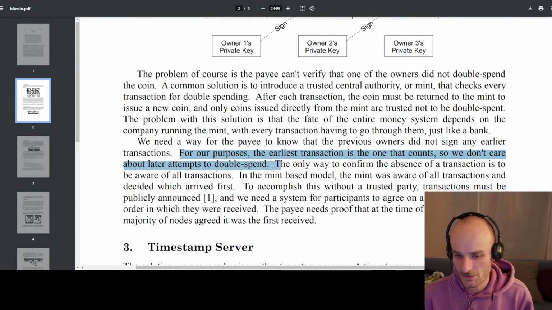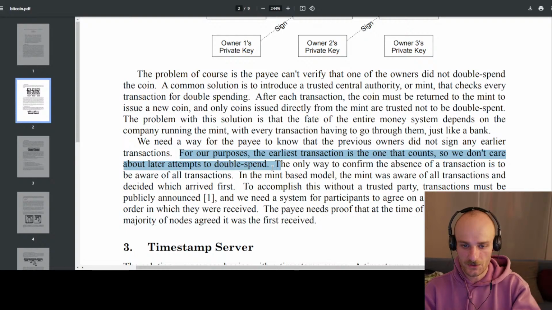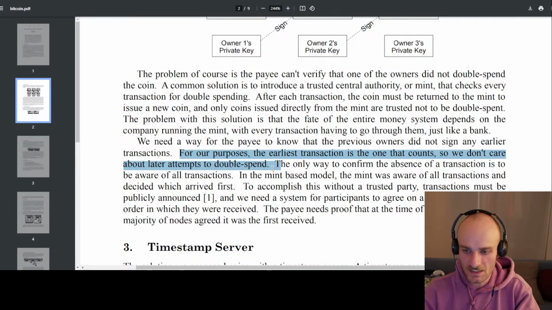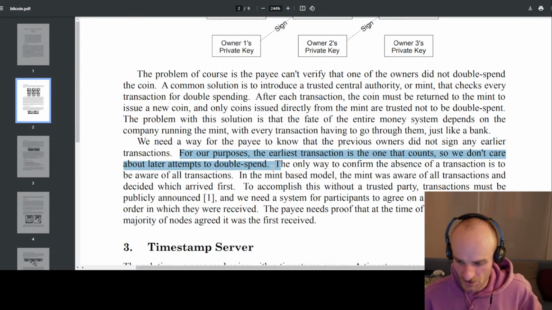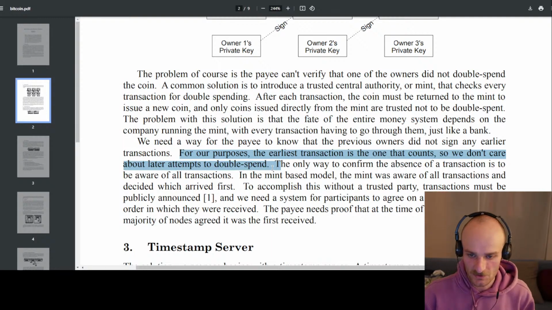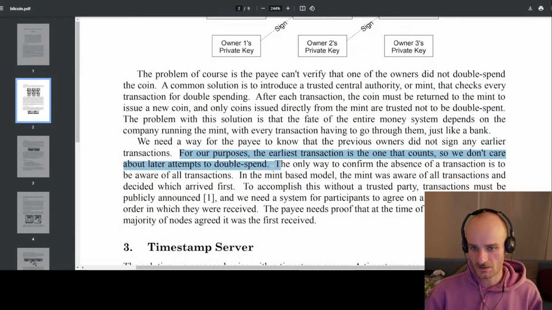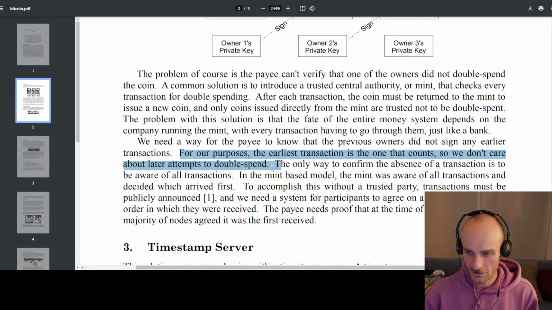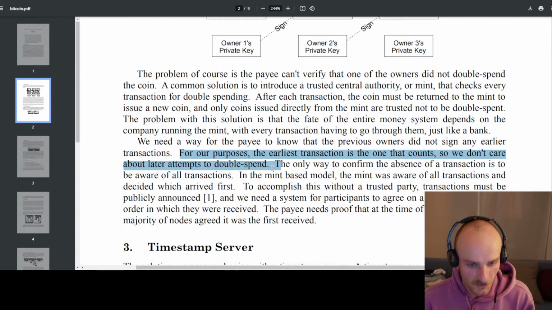Then you can do whatever you want. You can reuse the same token many times. But if the node that is receiving the token is connected to the network and is correctly gathering information from the other nodes, this double spend will not be accepted.